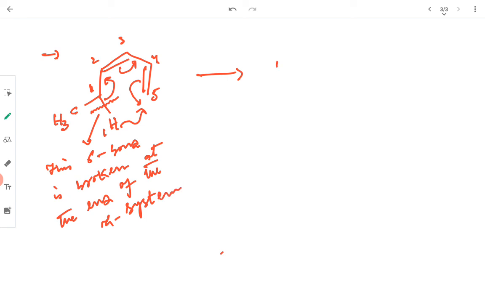So the product will be like this. You have a double bond here, and you have a double bond here. You have a CH2 here, and this H. Additionally, you have a CH3 group here.